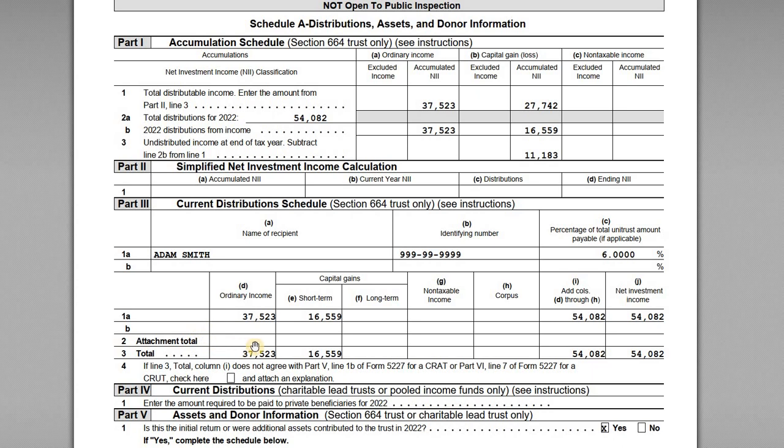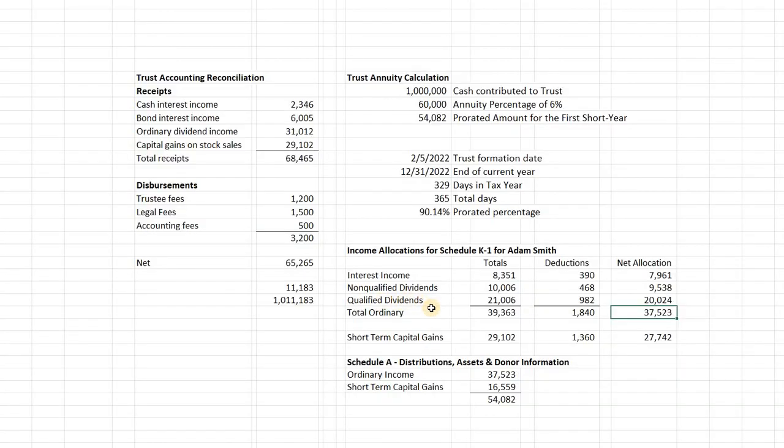And so we've also put that amount down here in column D for the amount that's distributed to Adam. That's all ordinary. So all the ordinary income has been distributed out, right, per the ordering rules and based on the amount of payout that was going to Adam. Then you move on to the other items, right? The only other item we have is short-term capital gains. So the capital gains and the ordinary, the total is $65,265 here.